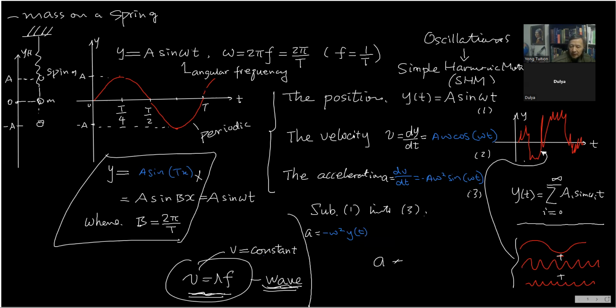This is the criterion to determine whether the oscillation is a simple harmonic motion or not. Some textbooks use x, it's the same. If they prefer x, that would be the formula in your textbook. That answers your question, what is simple harmonic motion? You can call this the fourth formula if you wish.